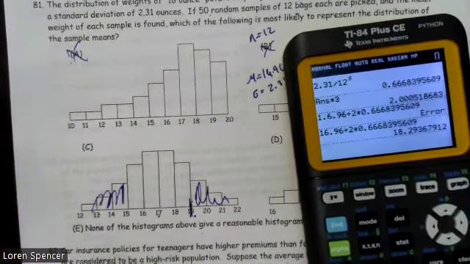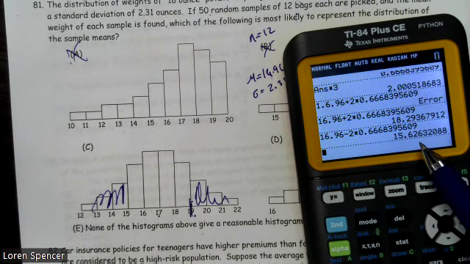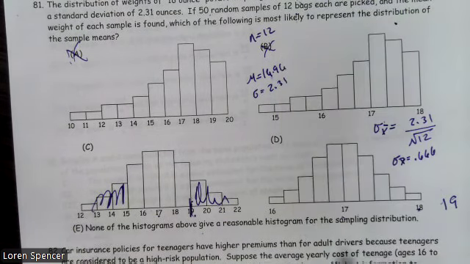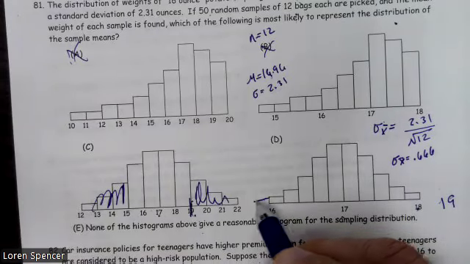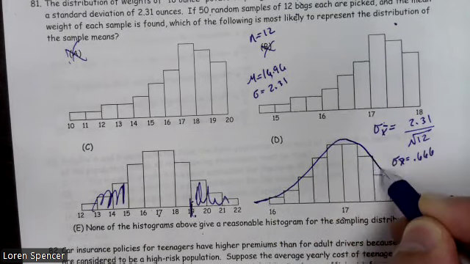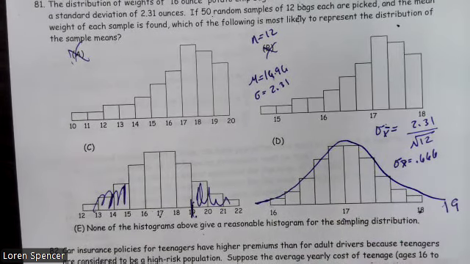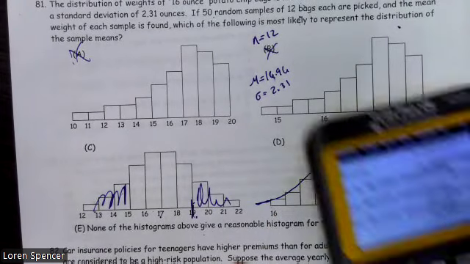And if we take 16.96 minus 2 times that, we end up with 15.6. So this is pretty close, because if you remember, we have 99.7% within plus or minus 3.